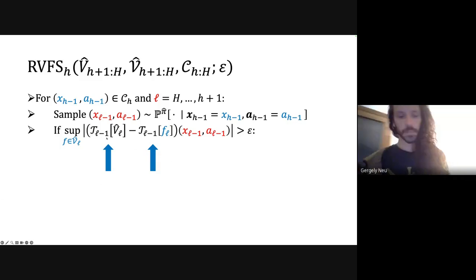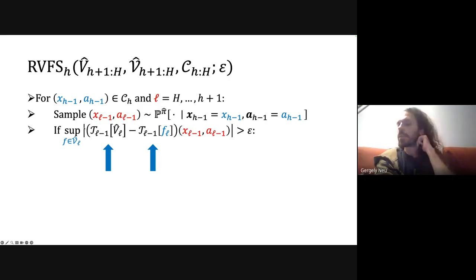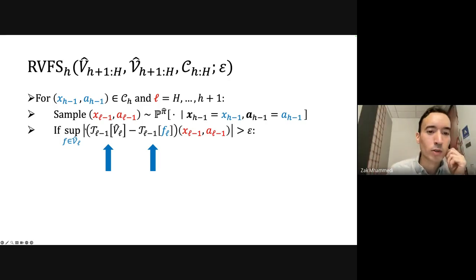Since this test involves going one step back and taking the Bellman operator, push forward coverability guarantees that you will not fail this test too many times. Because if you fail this test too many times, then the algorithm will never terminate. It will just keep calling the RVFS. So push forward coverability ensures that eventually you will cover all next state directions. That's where it comes in. It just guarantees that the test will not fail many times.